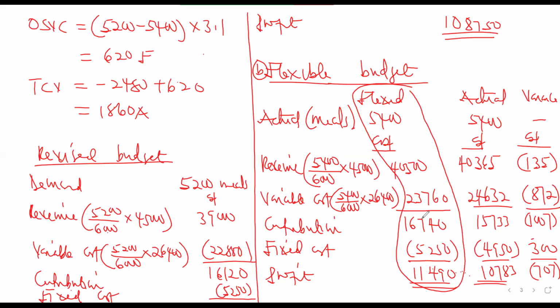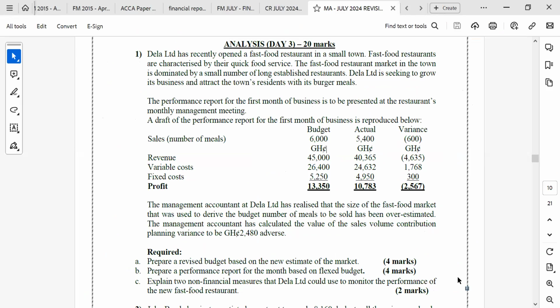With the budget, I was thinking that I would divide the 45,000 by 6,000, I will get 7.5.